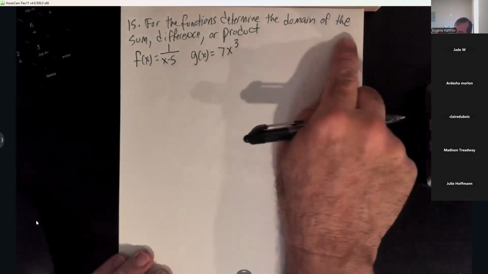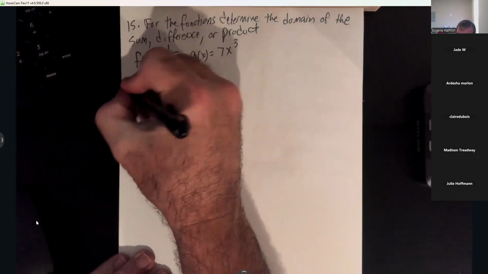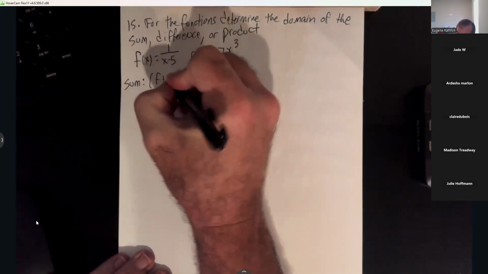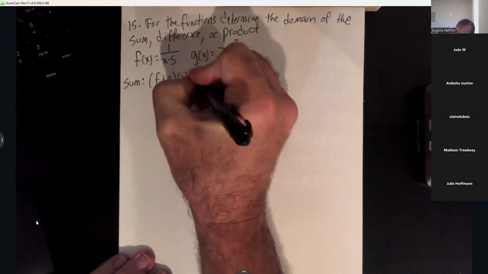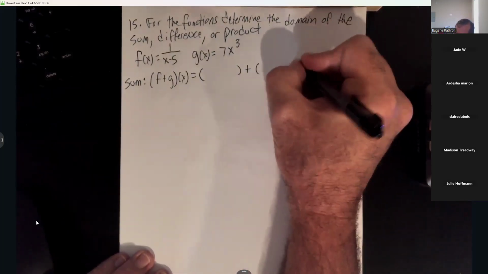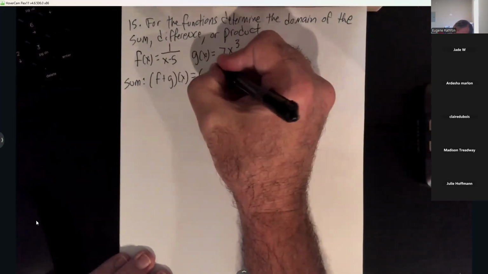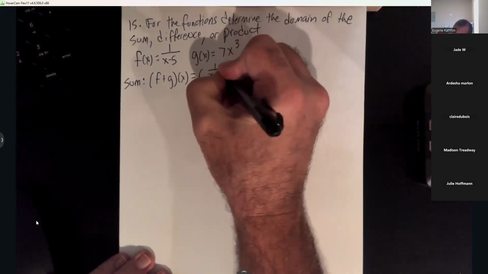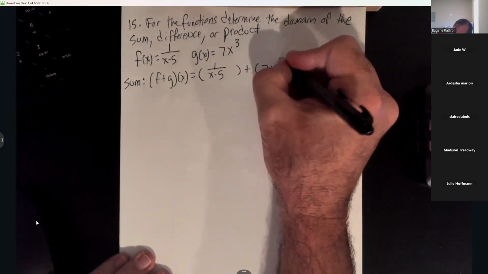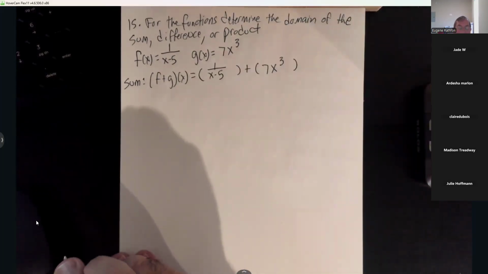All right, y'all, so let's start with our sum. That's going to be f plus g of x. That's going to equal my f plus my g. So, y'all, that's 1 over x minus 5. And then g was a 7x to the third.